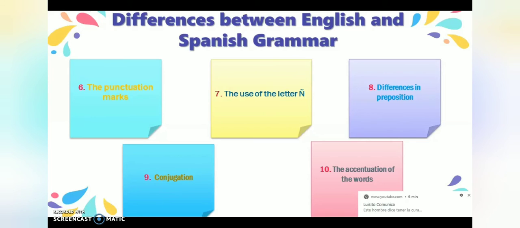In many cases in English we will use in, on, and at, but in Spanish we just use the word en. For example, estoy en la fiesta, I am at the party. Estoy en la casa, I am at the house. Estoy en el baby shower, I am at the baby shower.